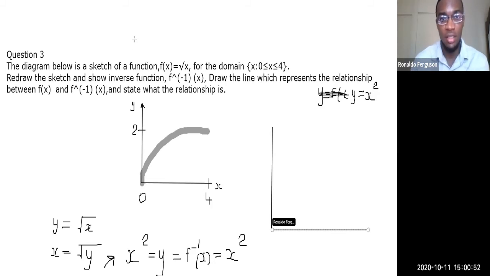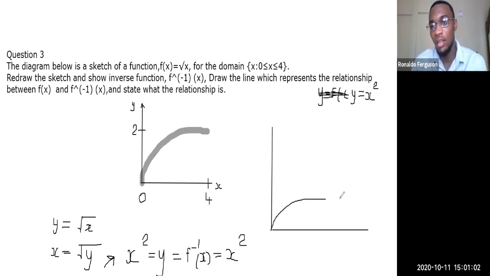So the first thing is I'm going to use different colors this time. So we have y equal root x.